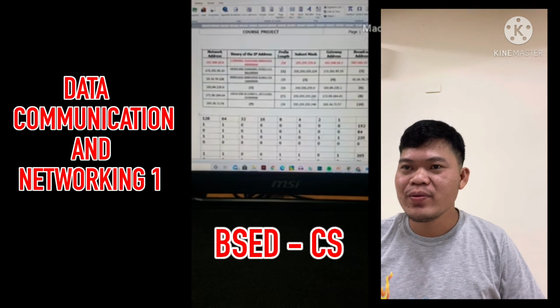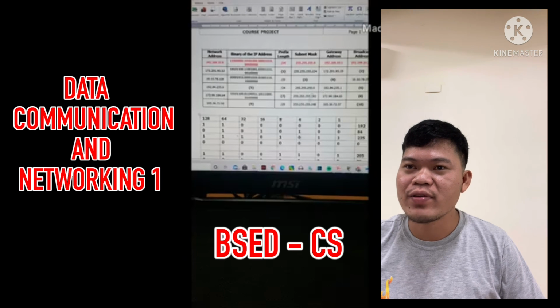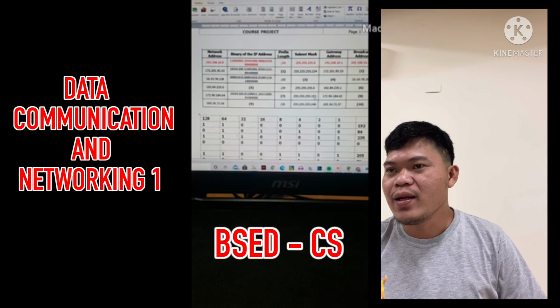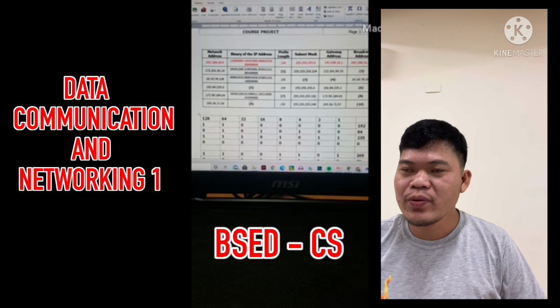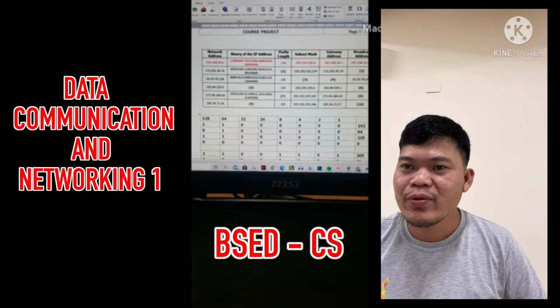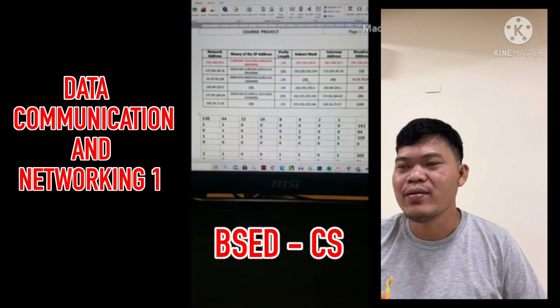Let's see this one. We're going to observe the other one, here is the example. 192 is the last digit, or the host. If we add these two last digits, 128 plus 64, it is equivalent to 192. That's what I did in number 3.